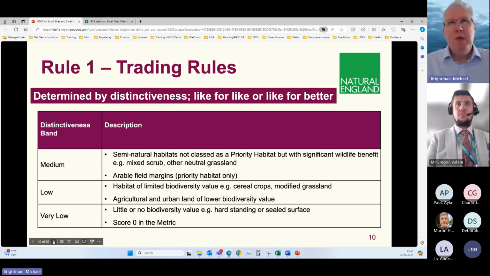But where you have a loss of medium distinctiveness habitat, you cannot compensate for that loss by any amount of low distinctiveness habitat, even if you provide that in much greater volume. So medium distinctiveness habitat needs to be provided by compensation in the same broad habitat type or a higher distinctiveness habitat.